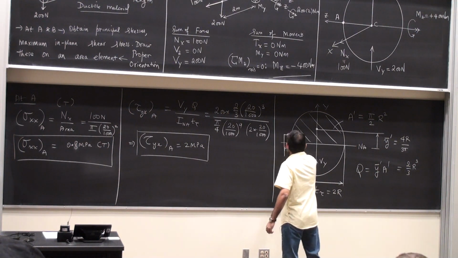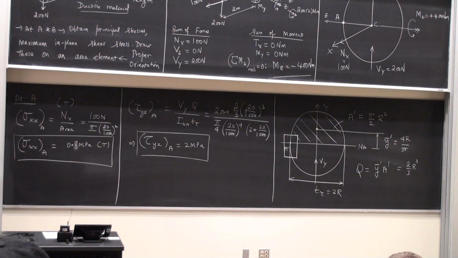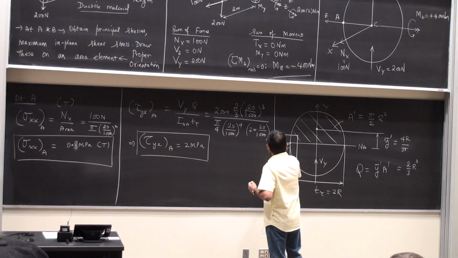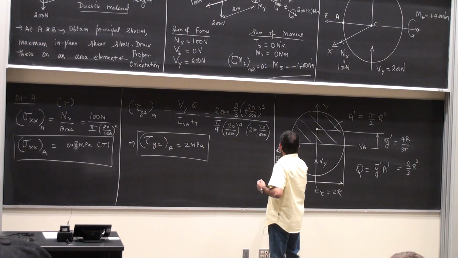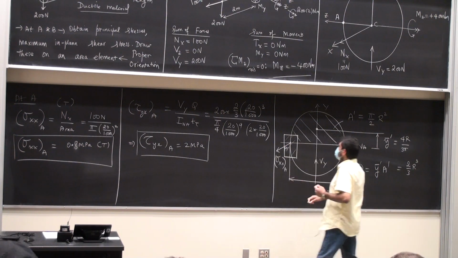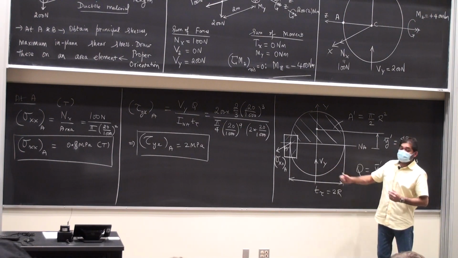So I first draw an area element at the point A. The direction of the normal stress is going to be pointing out of the page, so it's tensile. That is sigma xx at A. The direction of the shear stress is going to be pointing in the direction of the positive y direction because of the fact that the shear force is acting vertically up.